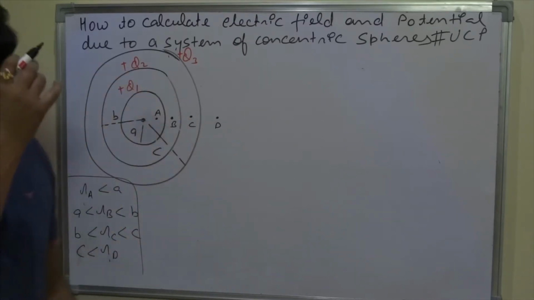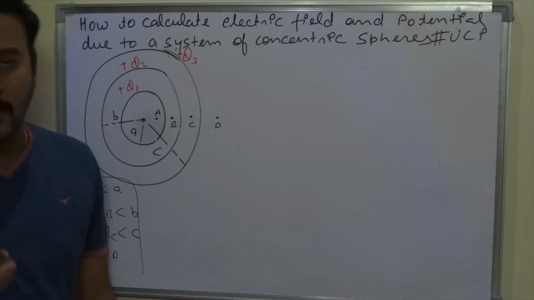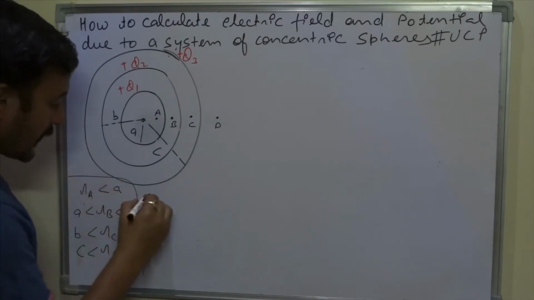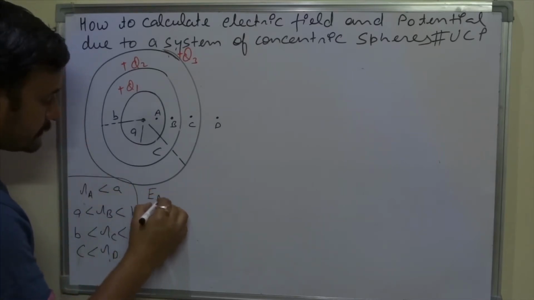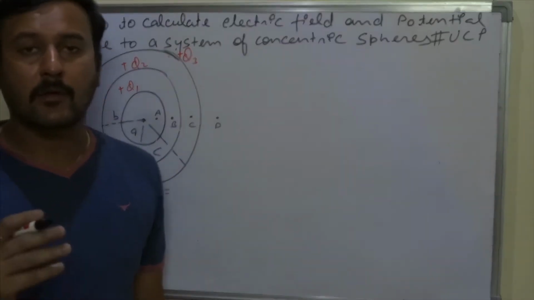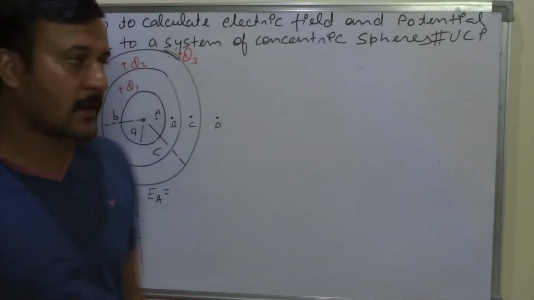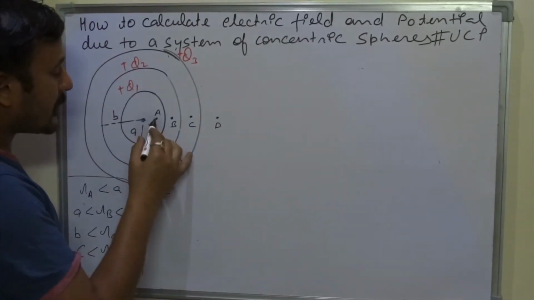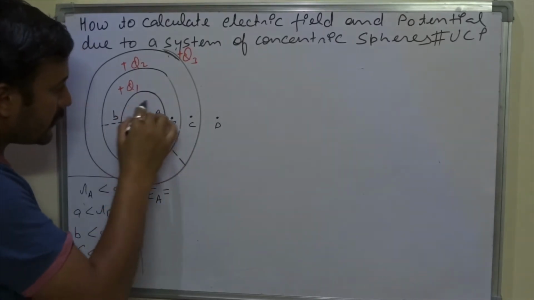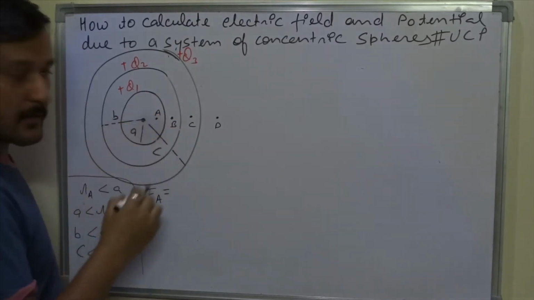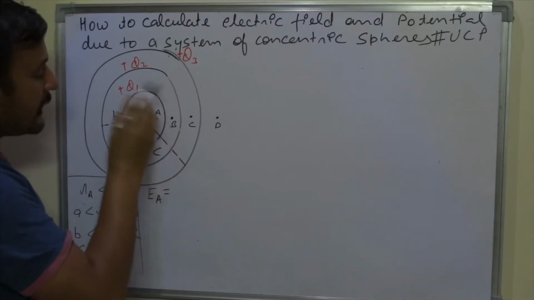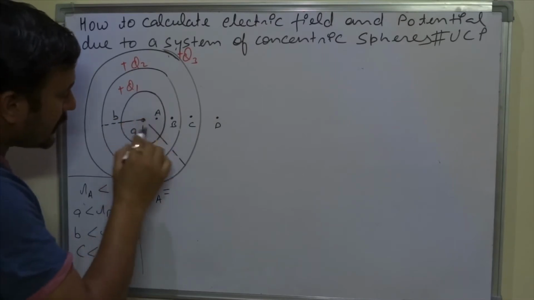First of all, I will tell you how to write the electric field at these points. So electric field at point A. What is the trick of writing the electric field? Let us suppose we have to write the electric field at point A. We can assume a sphere whose radius is RA, and find the charge inside that sphere.